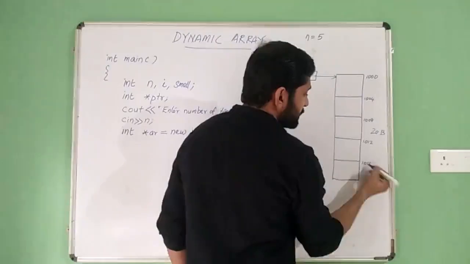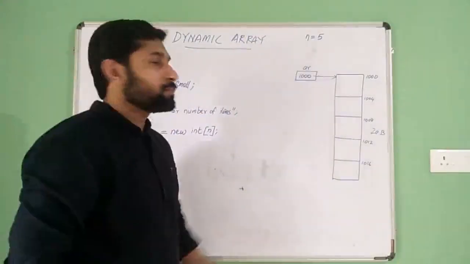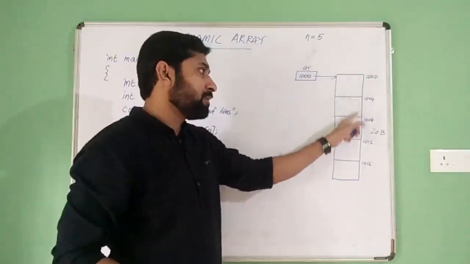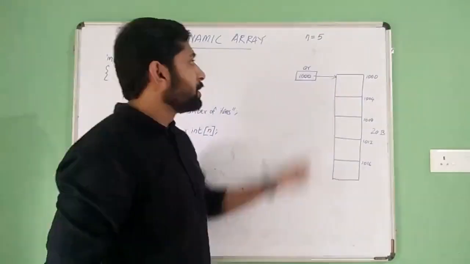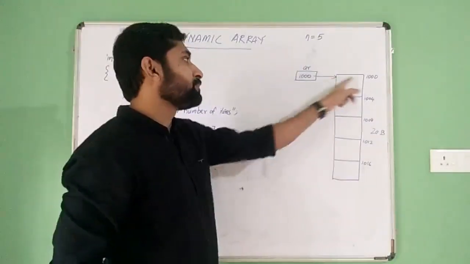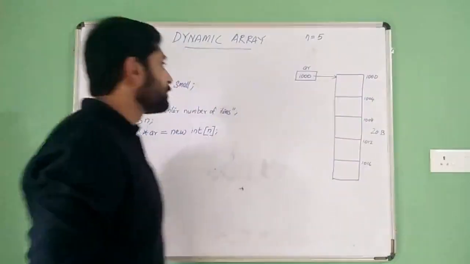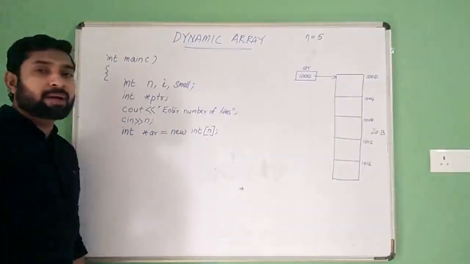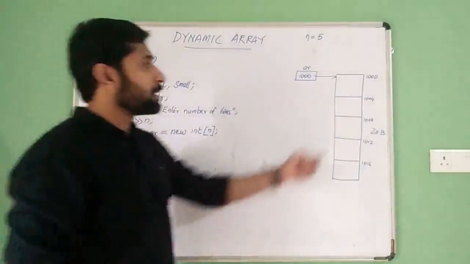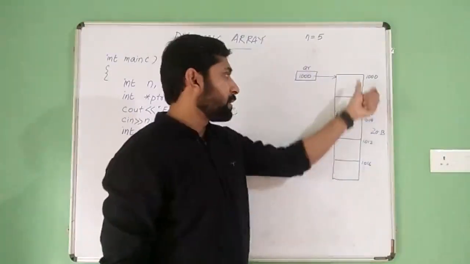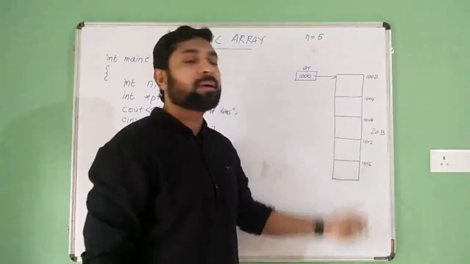Here it is 1016. These are the base addresses of each and every location. So ar points to the first location in the array. So this is the creation. In this way we have created a dynamic array. Memory is allocated.